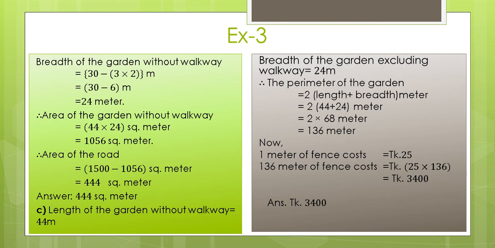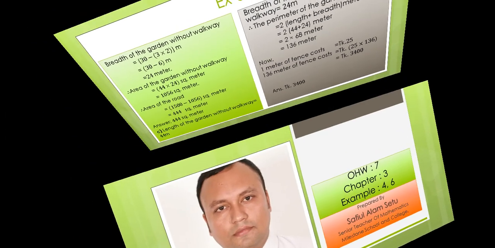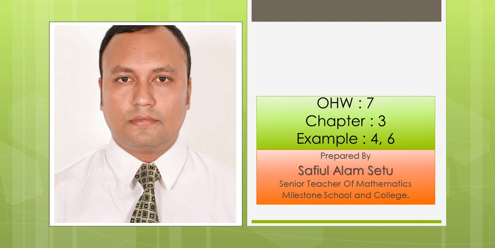So this is the end of the question number. So my dear students, today we have learned question number 23 and 25, one normal question and the other one a creative question.